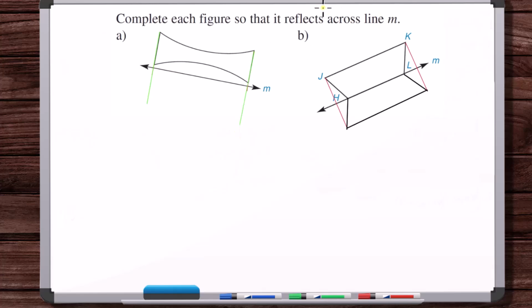Then from there we will just be connecting these points like this, and these points like that. See?